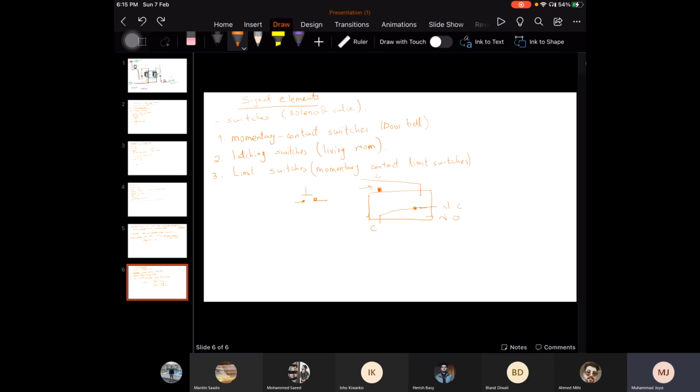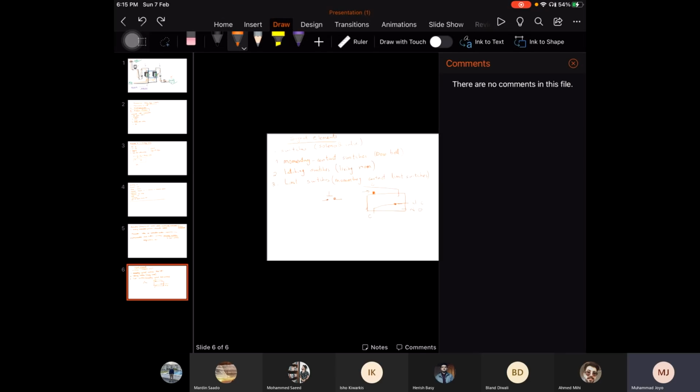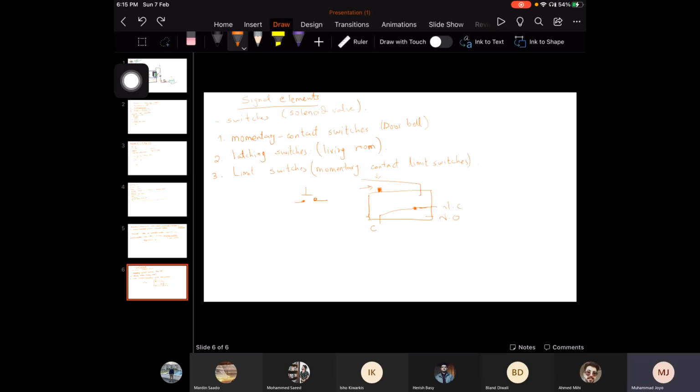There are some scenarios which include the use of limit switches as well. Nowadays, limit switches are being replaced by proximity sensors. Proximity sensors sense any type of object. Most of the time, they detect metals.